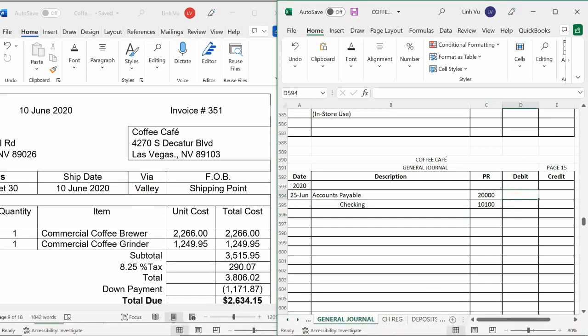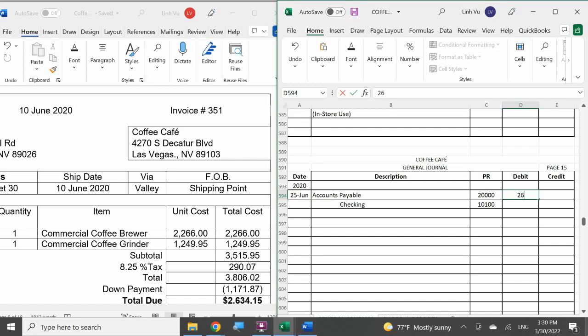That's true. We do owe $2,634.15. Anything else? We're within the term, so we should get a discount.